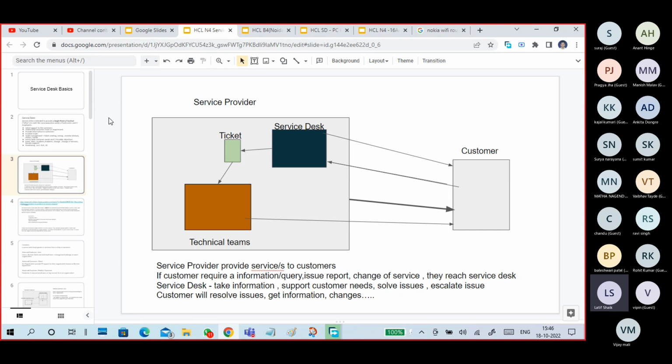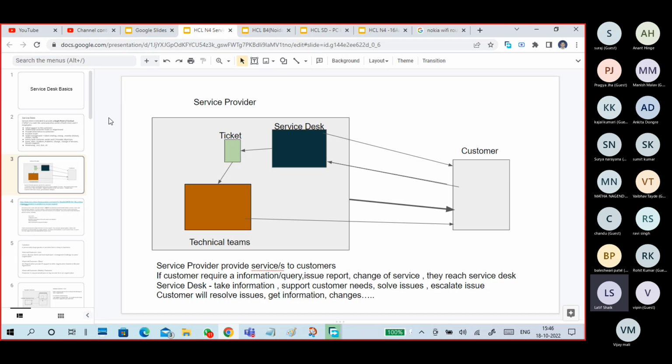When the customer gets a problem, they contact the service provider and get help. Not only a problem, guys. The customer will contact the service desk for information, queries, service reports or issue reports, change of services, access permissions, anything.